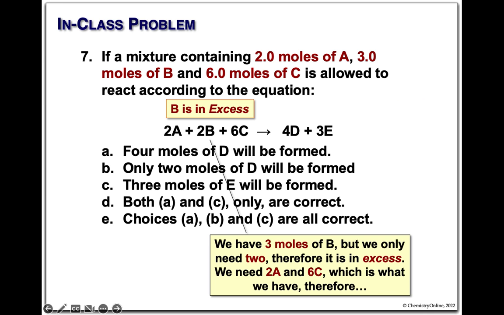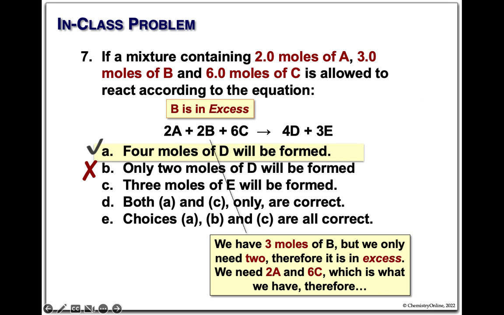So we have enough to do it exactly as written, don't we? And we'll have 1 mole of B left over. So 4 moles of D will be formed. Yeah, that sounds good to me. Only 2 moles of D will be formed. Nope. 3 moles of E will be formed.